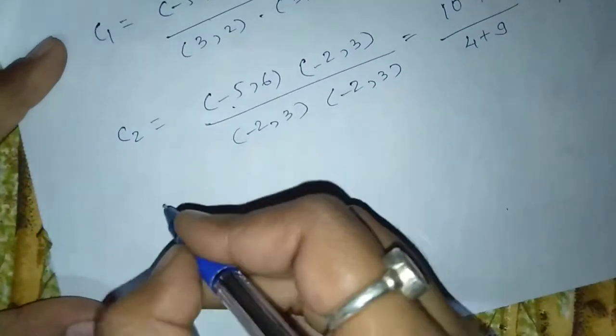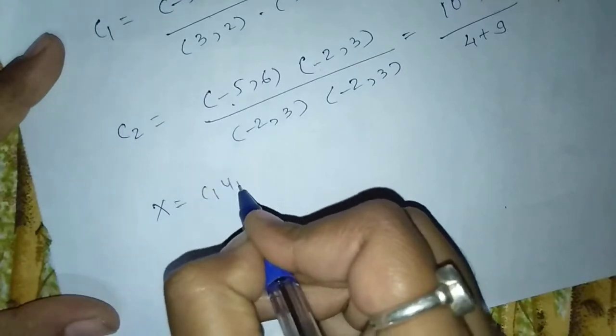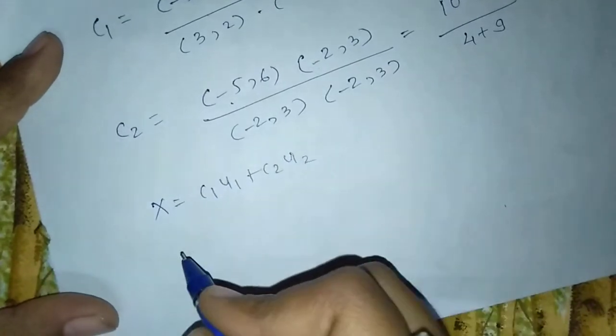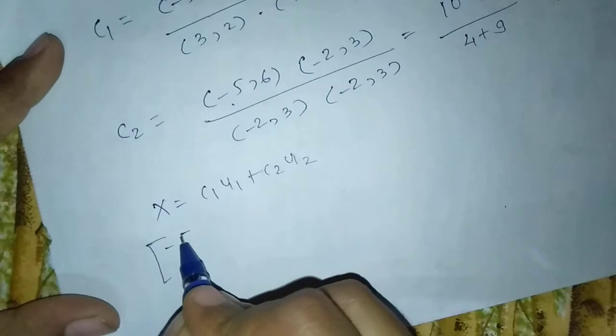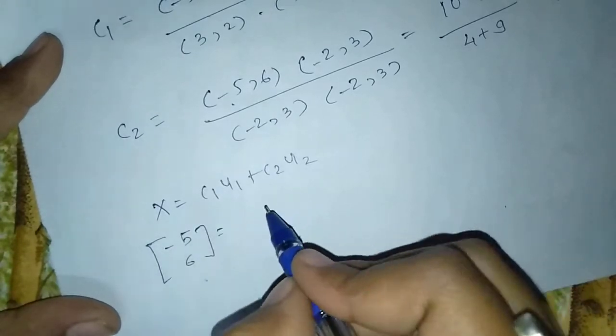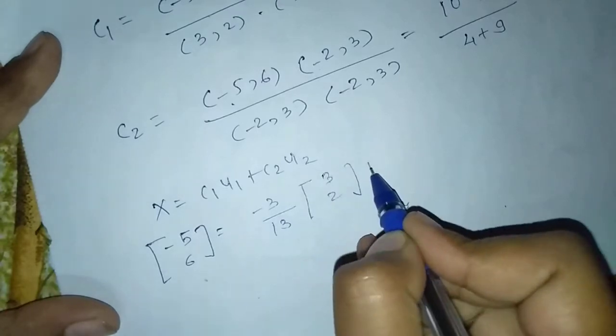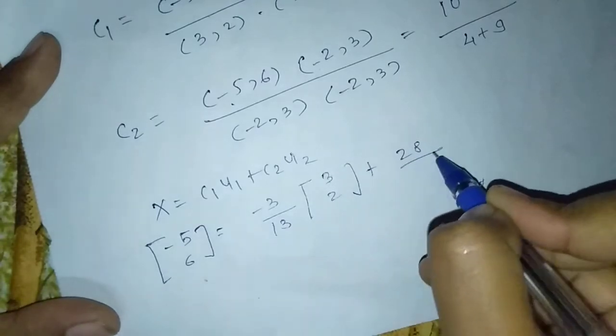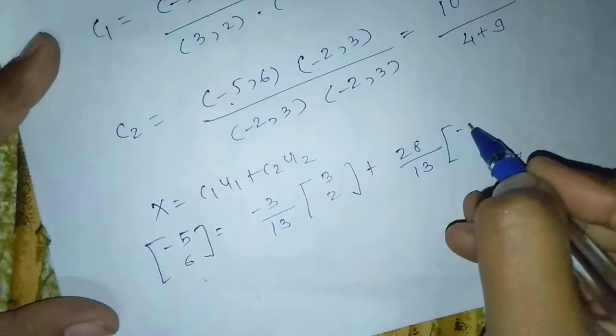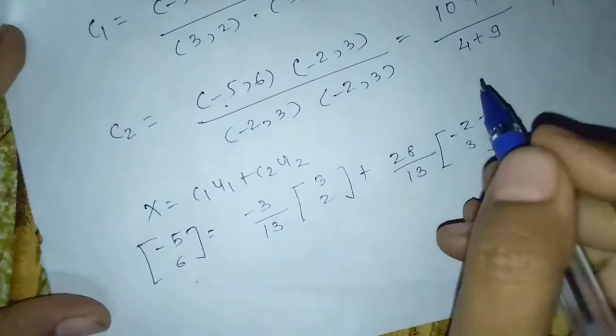So x is equal to c1 u1 plus c2 u2 becomes (-5, 6) equals -3 upon 13 times (3, 2) plus 28 upon 13 times (-2, 3).